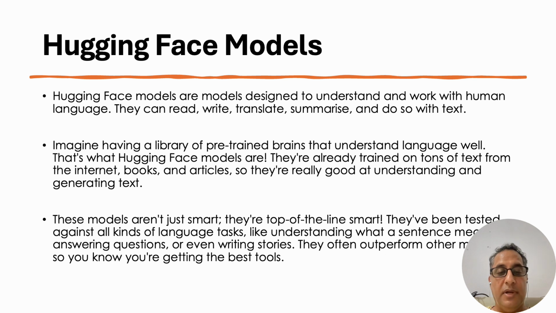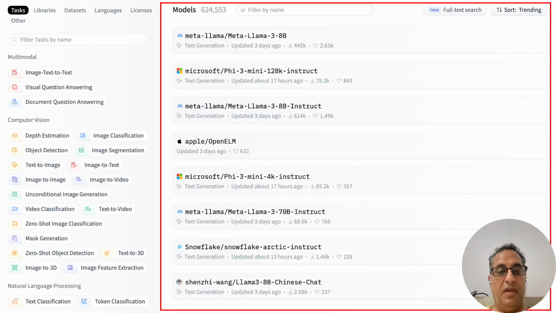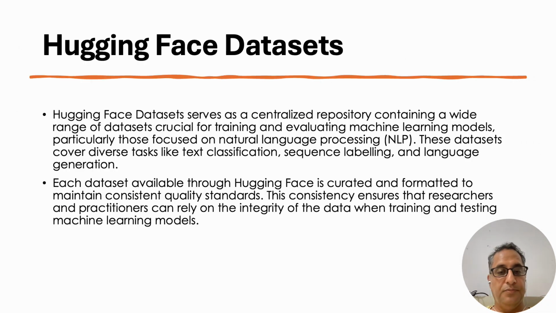Imagine having a library of all the pre-trained models, from 7 billion to 70 billion parameters, everything you can get there. This is how you can find all the models, like Llama 3 and Phi-3 recently launched, and all the models are there. While you code, you can directly reference these models in your code.